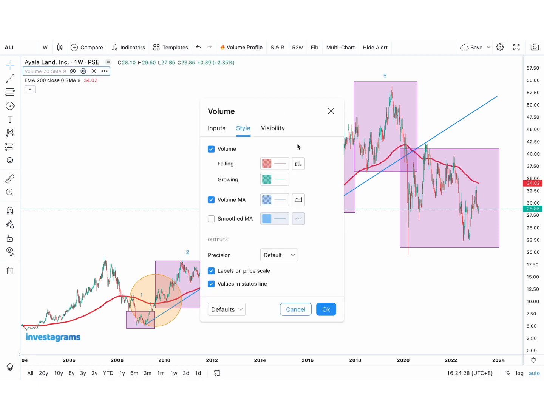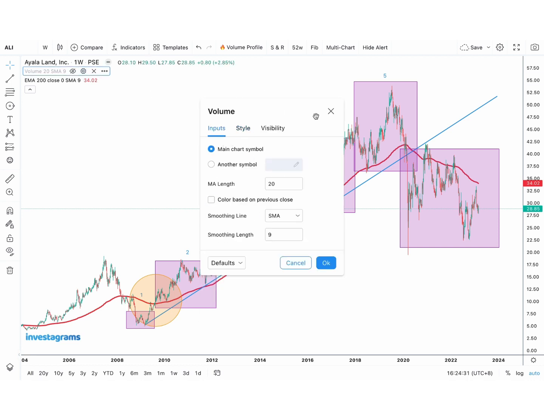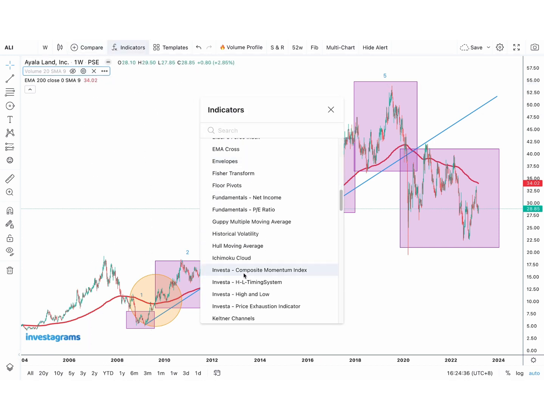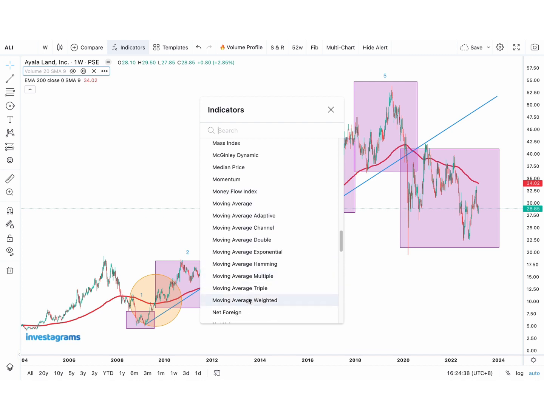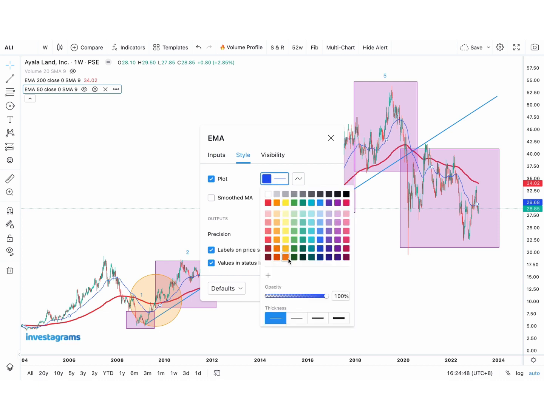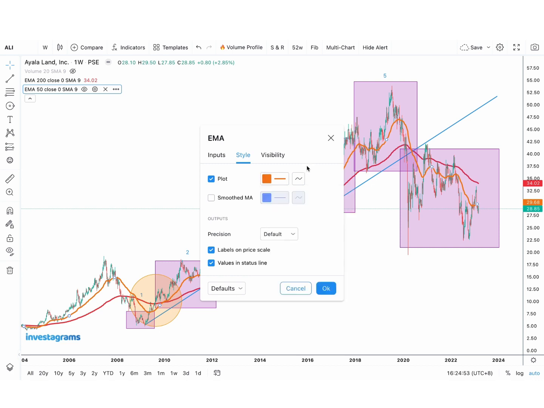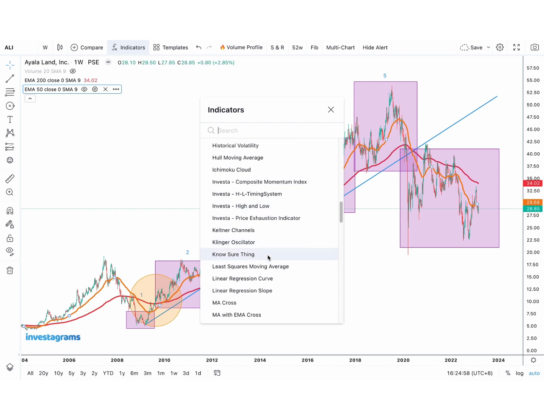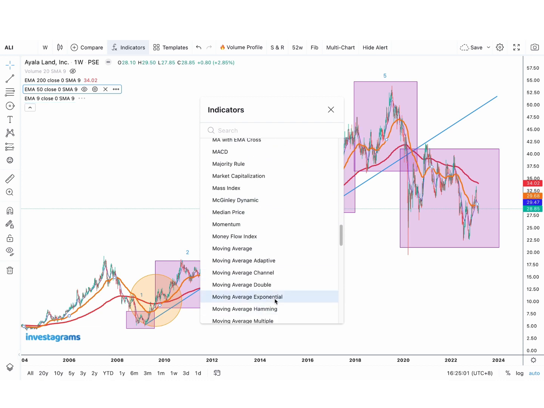Now you can see how price already broke above that EMA 200 line previously. So we click on moving average exponential, change the value to 50, and change the color to orange. Of course, you can choose any color you want. I would just like to explain later why I choose these colors.